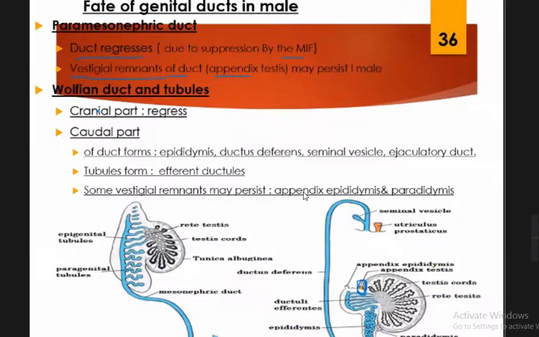The Wolffian duct, and I will add on the duct and tubules, generally will regress at its cranial part.